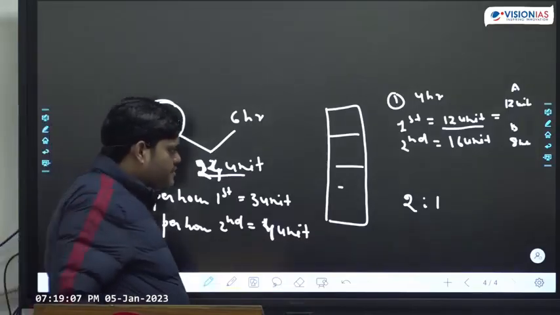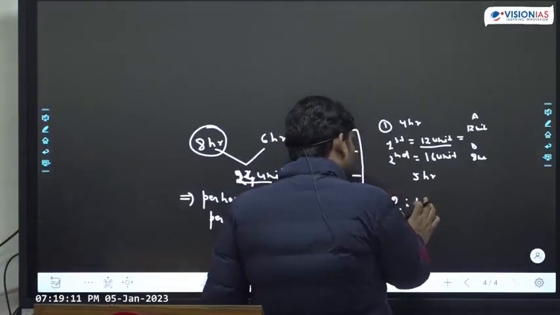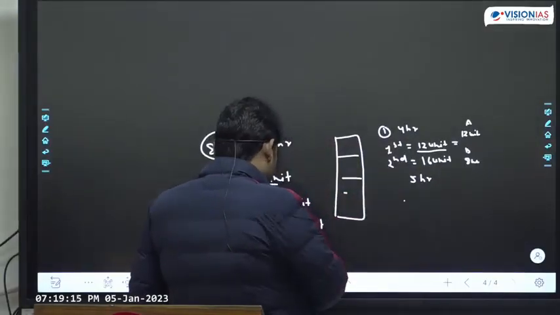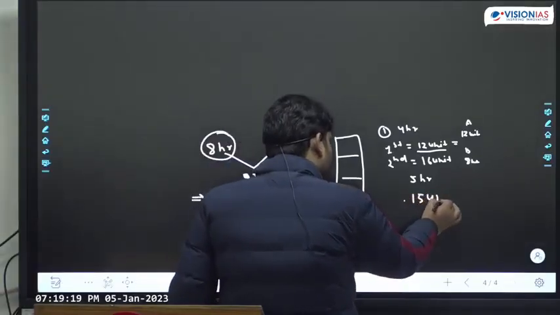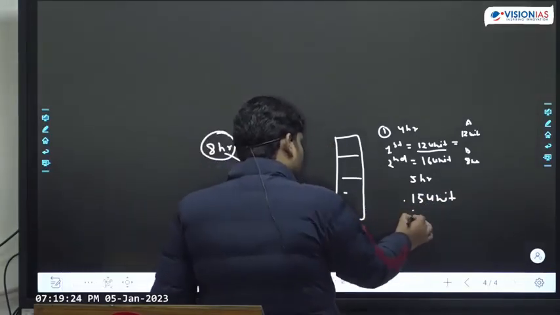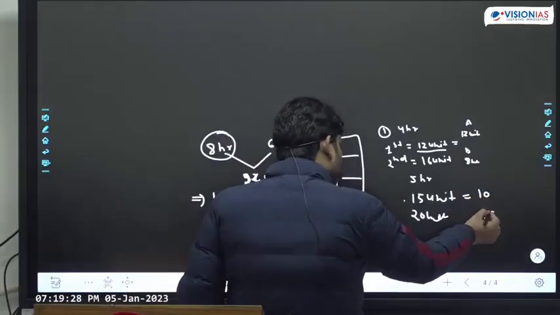Achha, if I take 5, then what is the answer? If I take 5 hour, then in 5 hour this will burn 15 unit and this will burn 20 unit. This is 10 and 5.